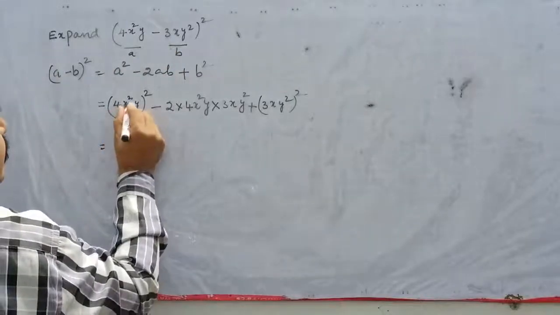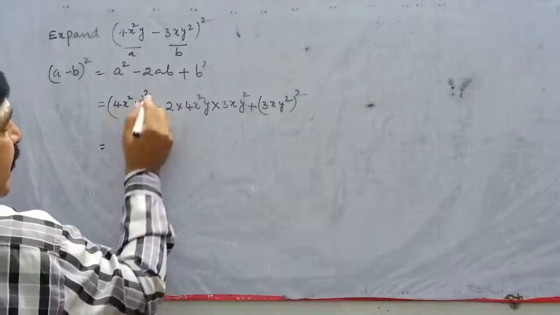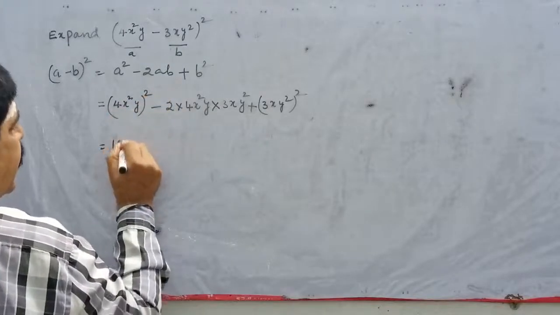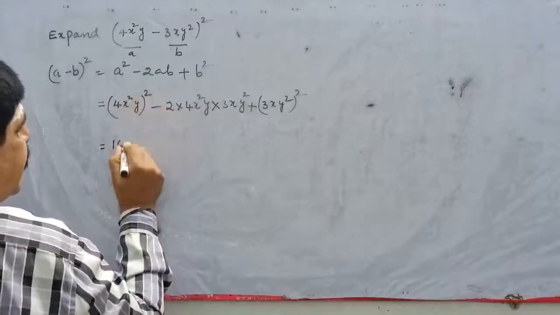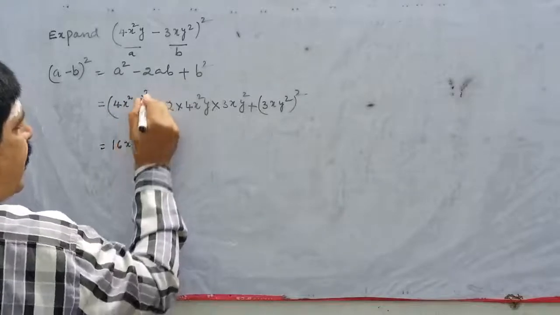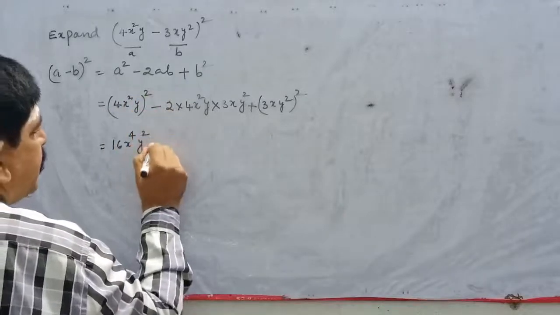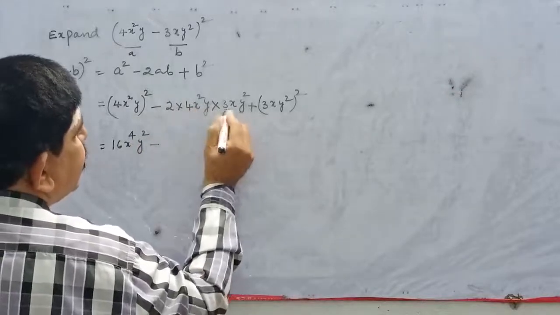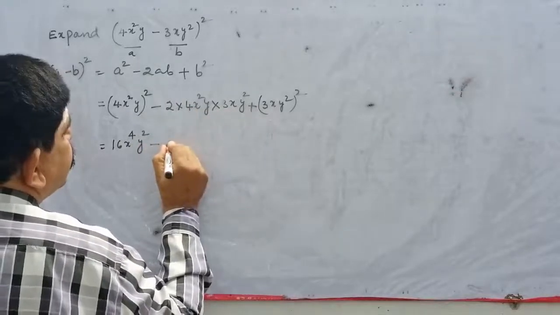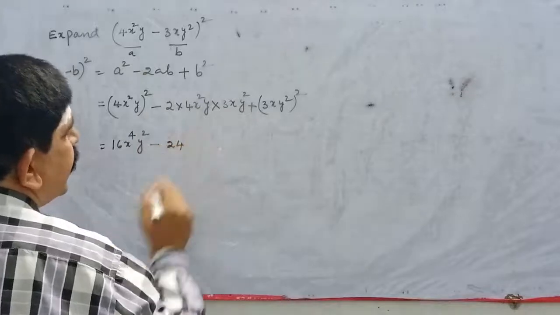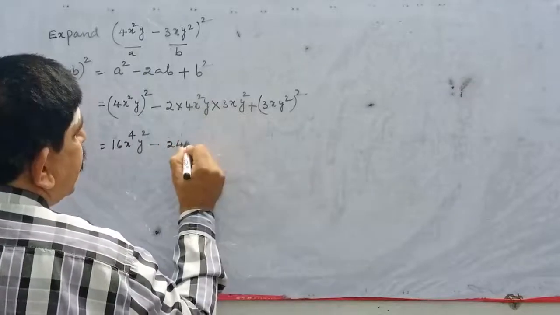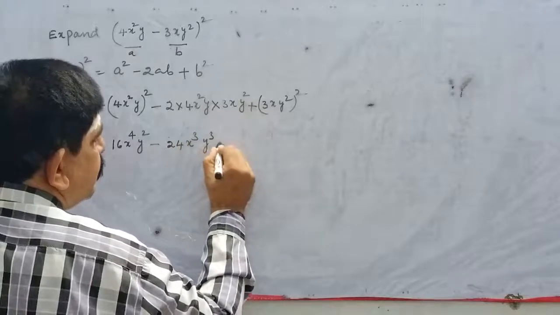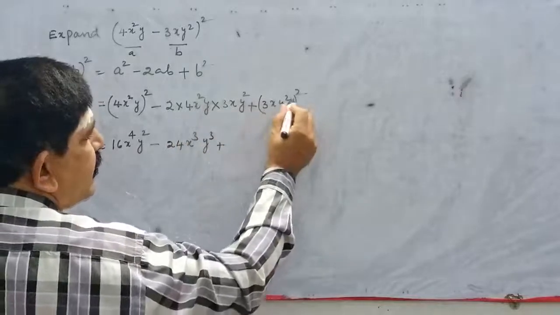Now (4x square y) whole square is 4 into 4, 16, x square into x square, x to the power of 4, y whole square is y square, minus 2 4s are 8, 8 3s are 24, x square into x, x cube, y into y square, y cube, plus (3xy square) whole square.